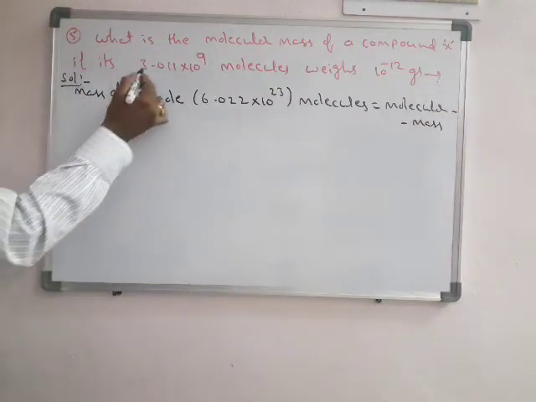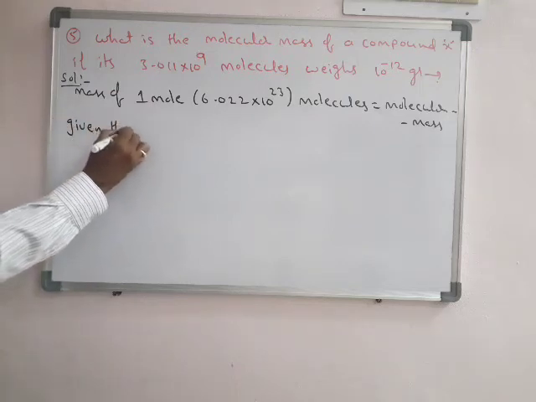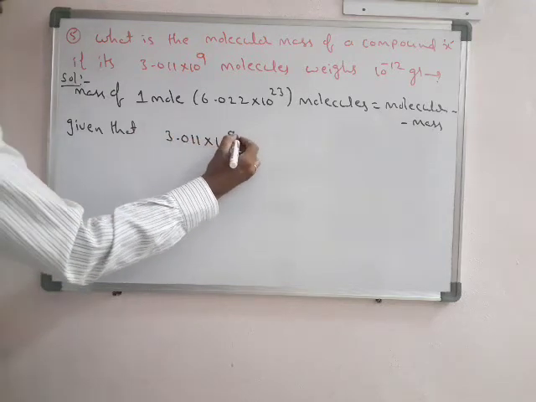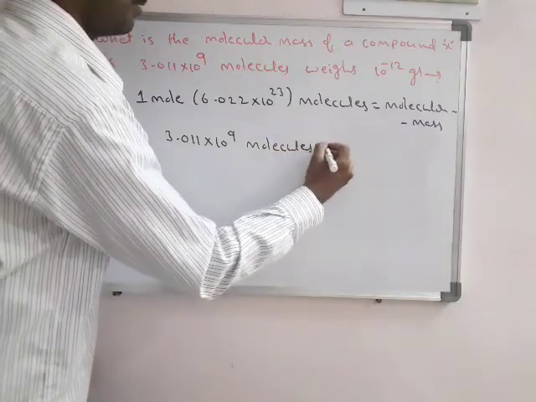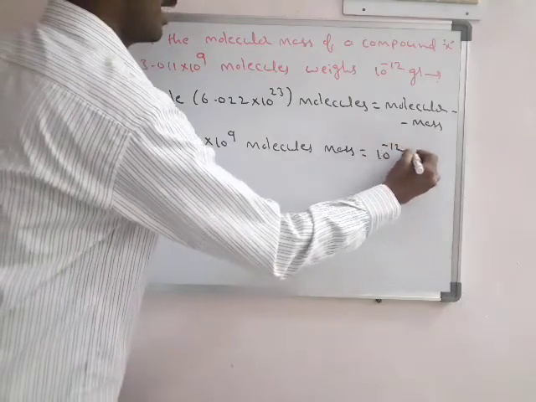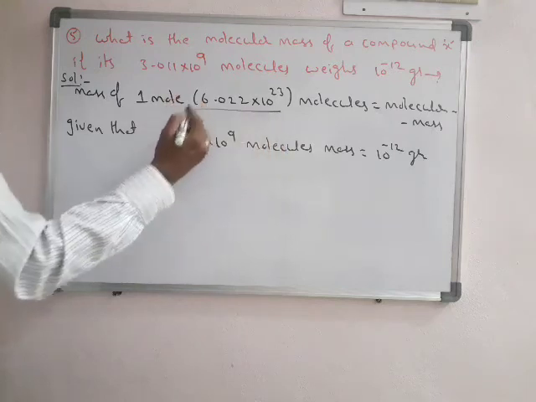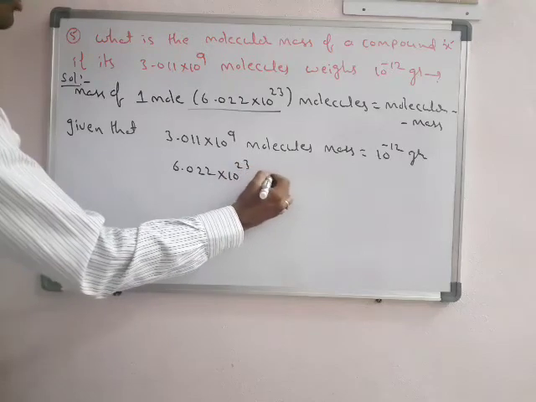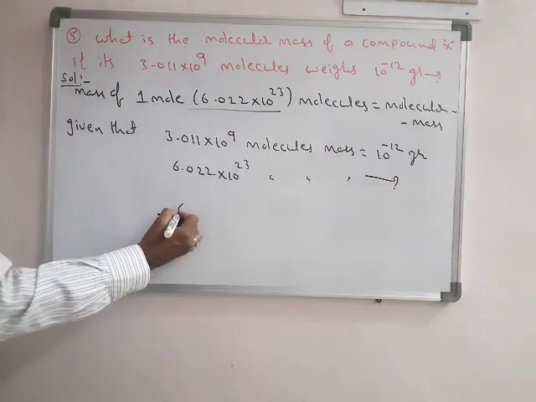Here 3 points are given: 3.011 into 10 power 9 molecules have mass equal to 10 power minus 12 grams. So for the molar mass, we have to find the mass of 6.022 into 10 power 23 molecules. Cross multiplication.